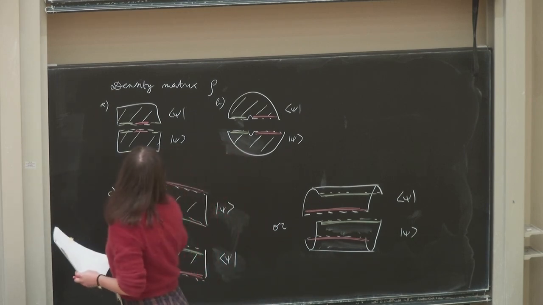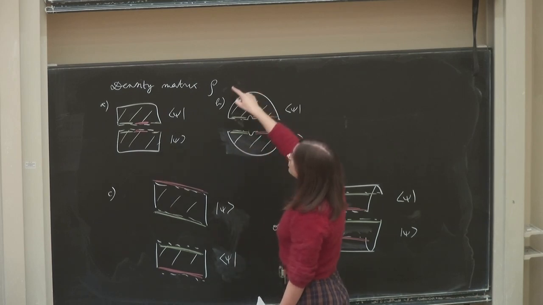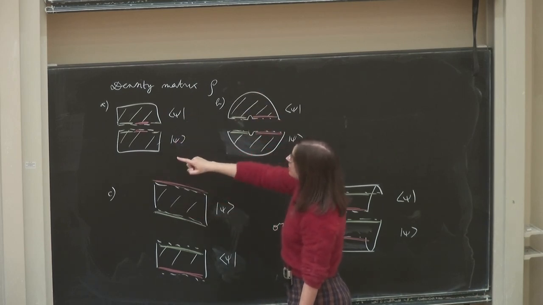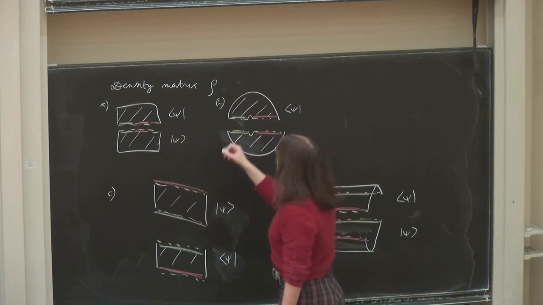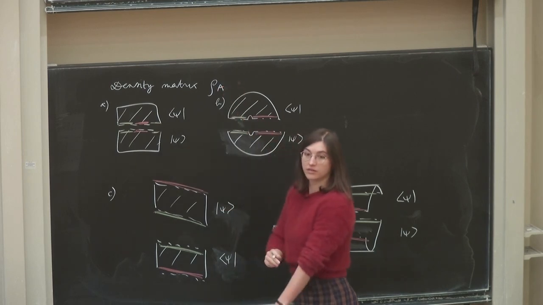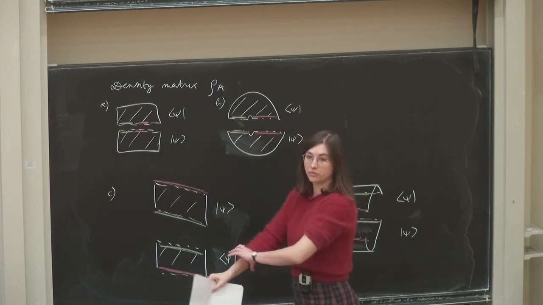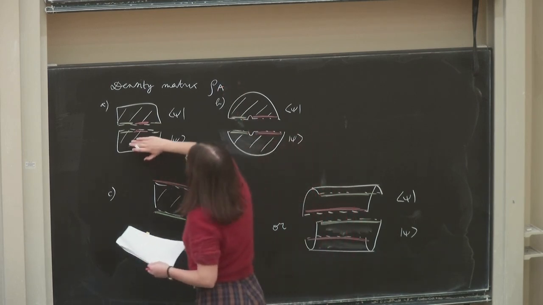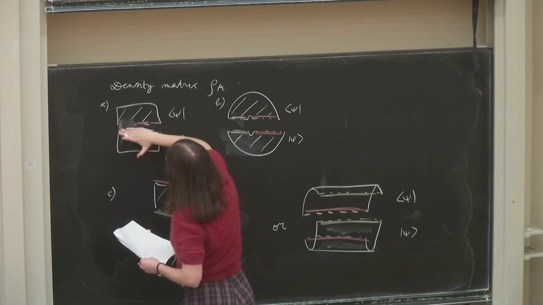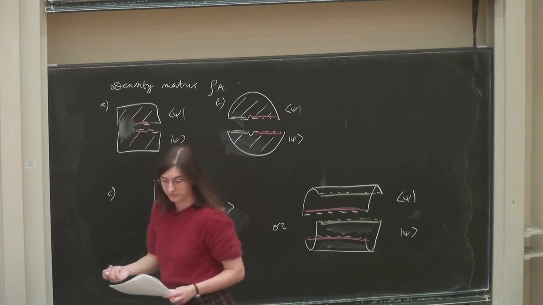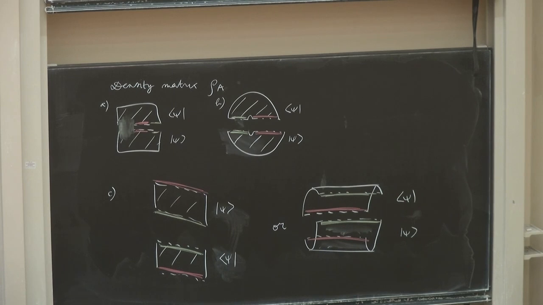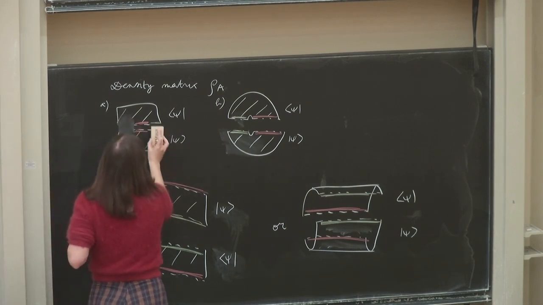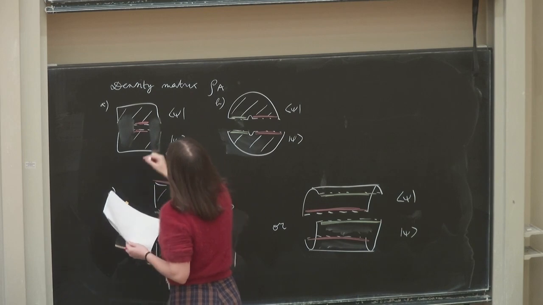So if these were the density matrices, I'm now going to glue along the green lines to get the reduced density matrix as measured by an observer in A, okay? So here I'm gluing. And here I'm gluing.